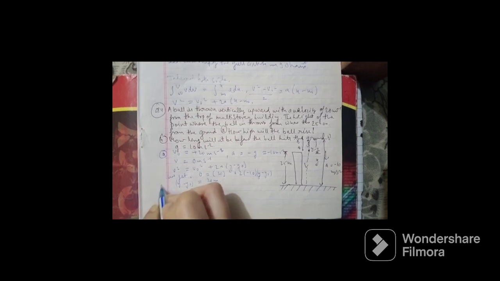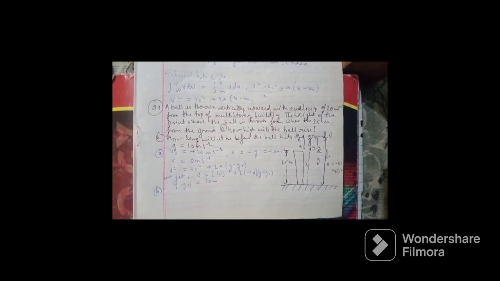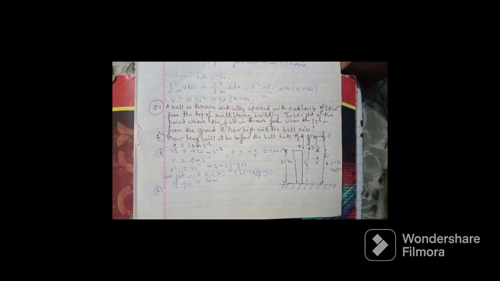Now for the second part, we can solve this part of the problem in two ways. Note carefully the method being used. In the first method, we split the path into two parts: upward motion A to B and downward motion B to C, and calculate the corresponding times t1 and t2.